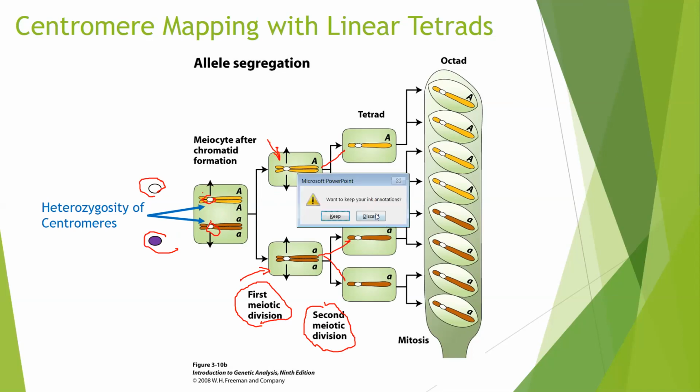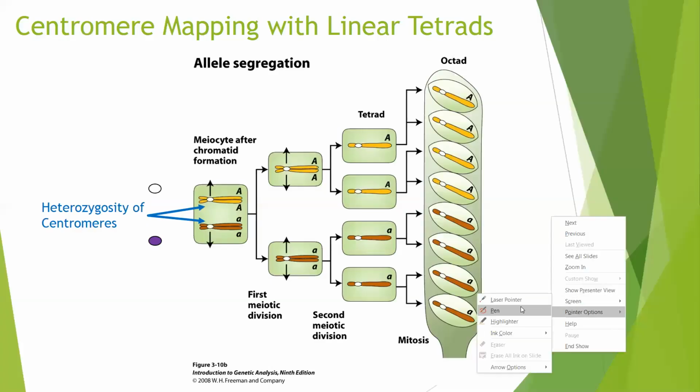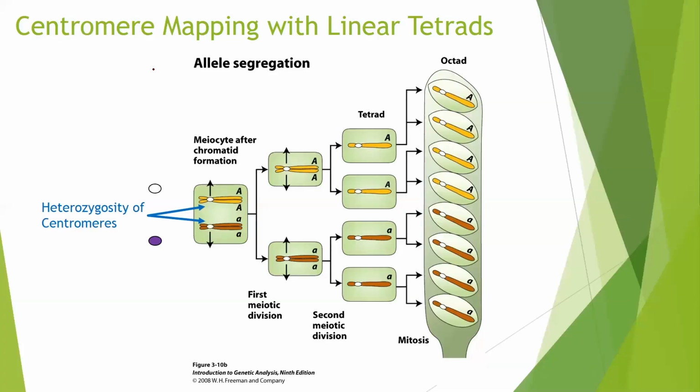If there's no crossing over in this case, what is the consequence? In the original diploid meiocyte, within the same cell we have two alleles, the capital A and the lower a.